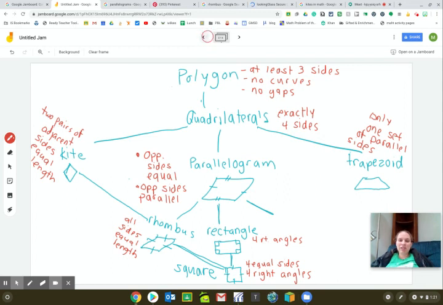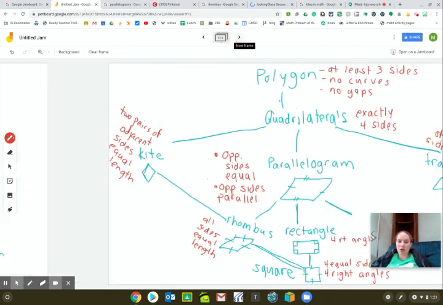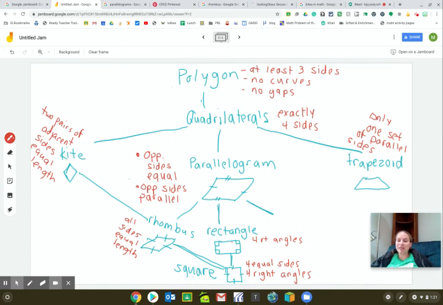So that's just like saying a lab is a special type of dog, but not all dogs are labs, because a lab is a subcategory of a dog. Same thing: a square is a subcategory of the rectangle. So it is a rectangle, but it's not the other way around.